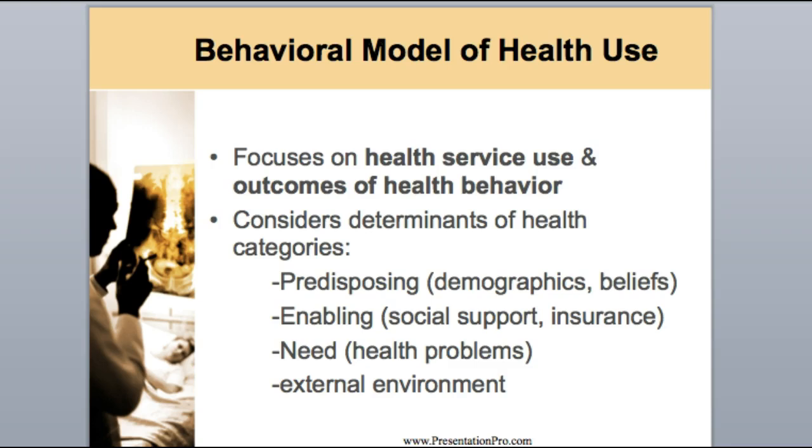Another health theory is the behavioral model of health use, which focuses on health services use as well as the outcomes of health behavior, and it considers the social determinants of health. The behavioral health model identifies predisposing factors such as demographics and beliefs, enabling factors such as social supports and insurance, need factors such as health problems, and the external environment.